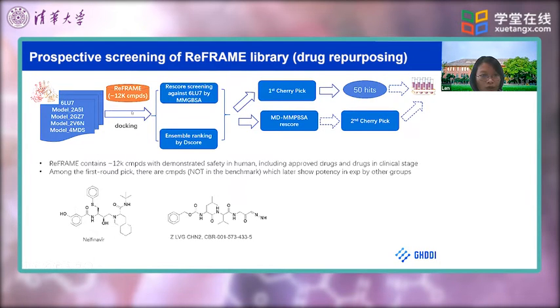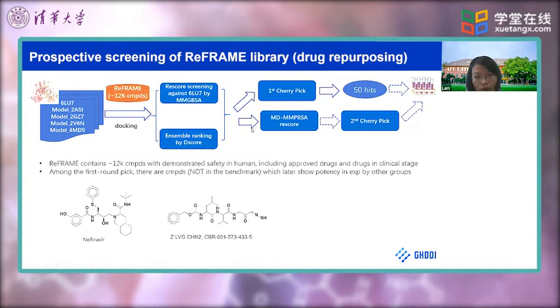We screen the ReFRAME library against each model, and we do the ensemble ranking based on the docking score, to include the flexibility shown in each model. We also rescore the screening results against the crystal structure using force field-based rescoring functions. We finished the first cherry pick and identified 50 hits, ready for experimental testing.